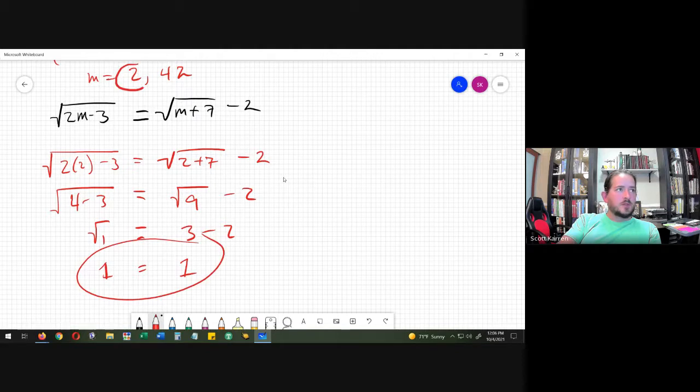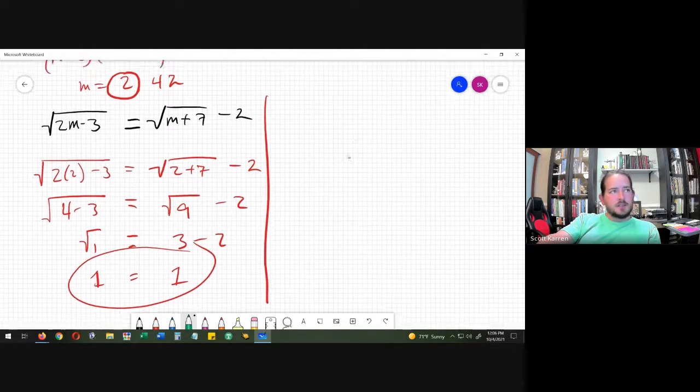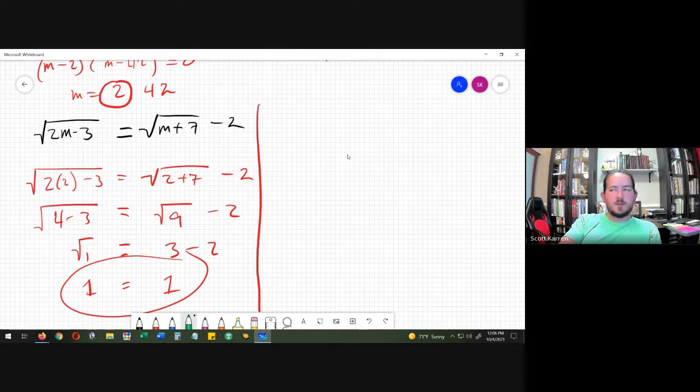So m equals 2 is a solution, which means it's pretty likely that m equals 42 is not. It's a good thing they have such small numbers. 2 times 42 minus 3 should equal 42 plus 7 minus 2.